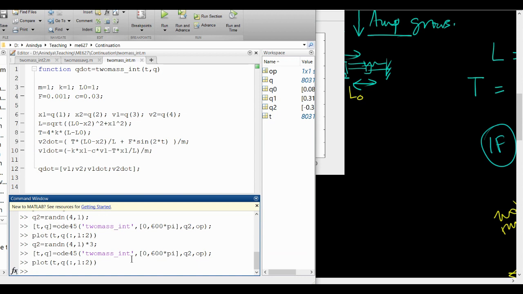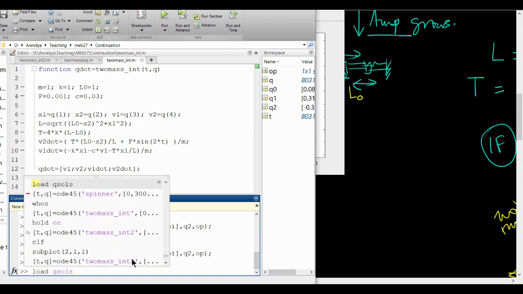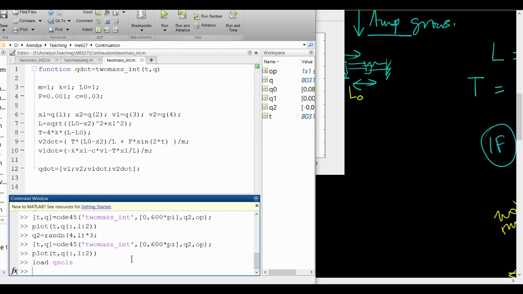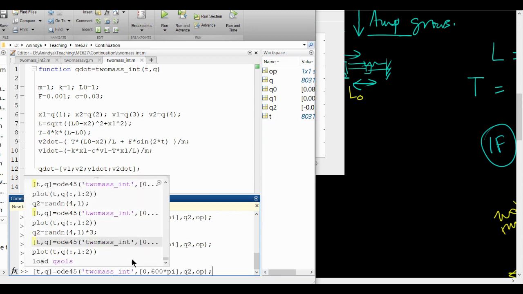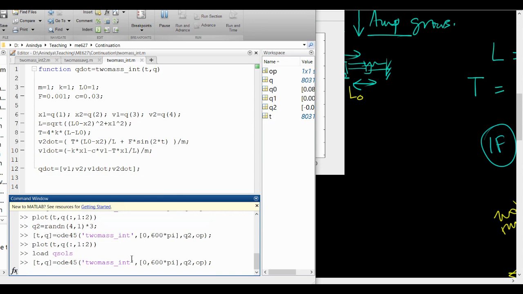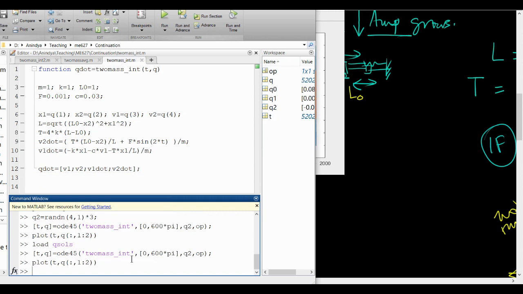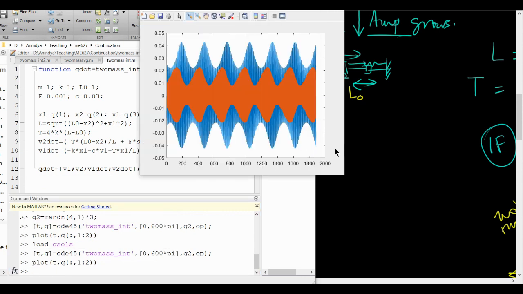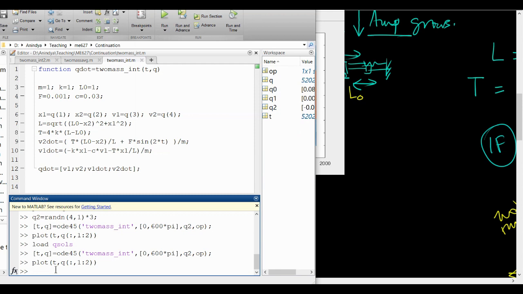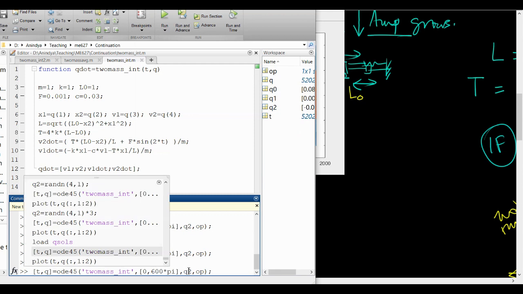In fact, I have them loaded somewhere. Let's try that loaded solution with Q2. That is some initial condition. So once again about 0.04, then I want the other one.